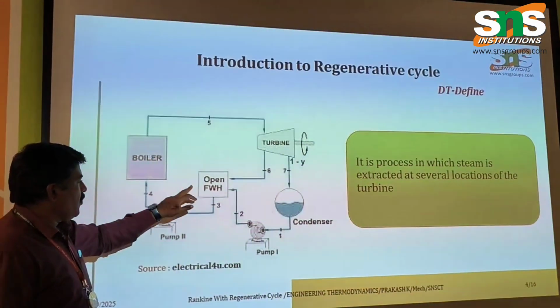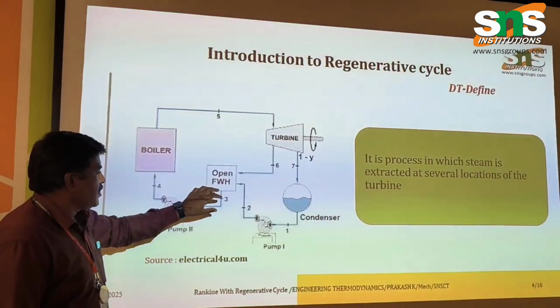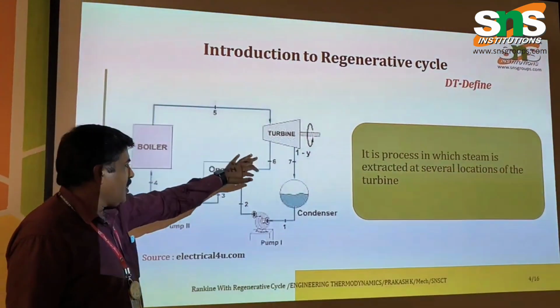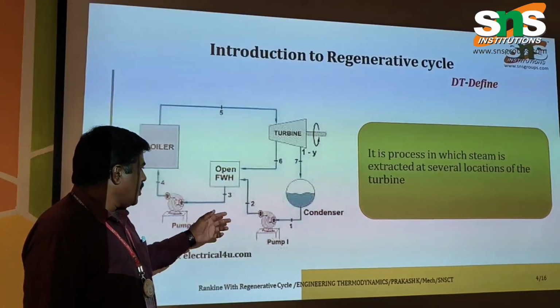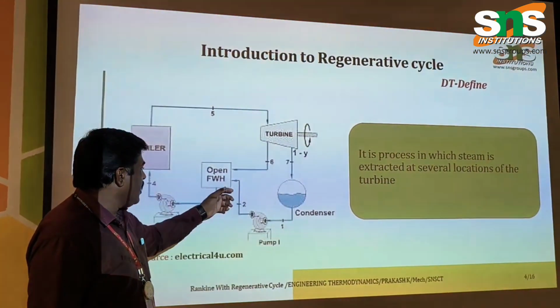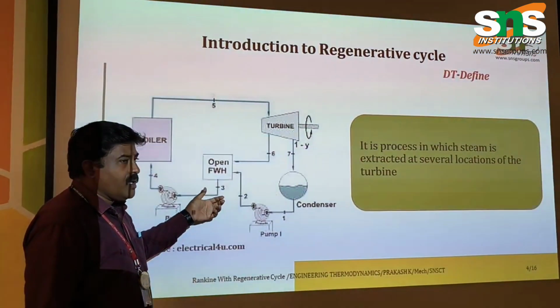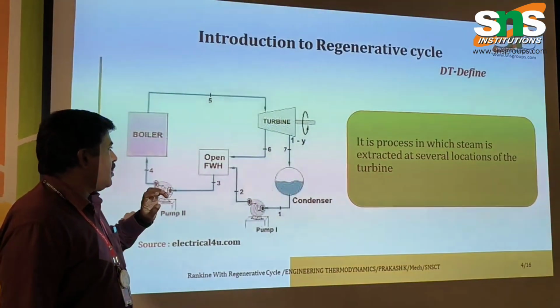Here the fluid water heat recovery, we are using heat recovery systems. And here there is a turbine and then a condenser. Here heat is extracted and the water is getting heated. That is the main concept of the regenerative cycle. Okay.